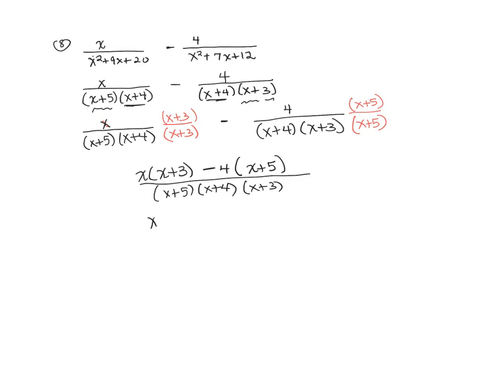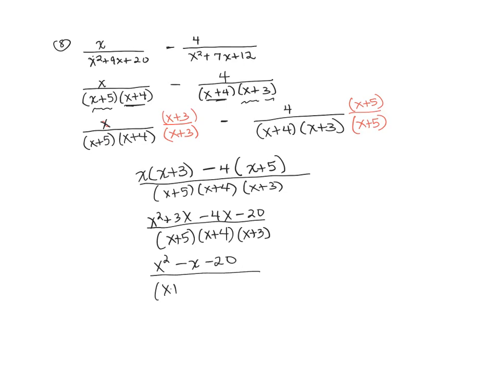We get x squared plus 3x minus 4x minus 20, all divided by x plus 5 times x plus 4 times x plus 3. We combine like terms in the numerator. We get x squared minus x minus 20 over x plus 5 times x plus 4 times x plus 3.